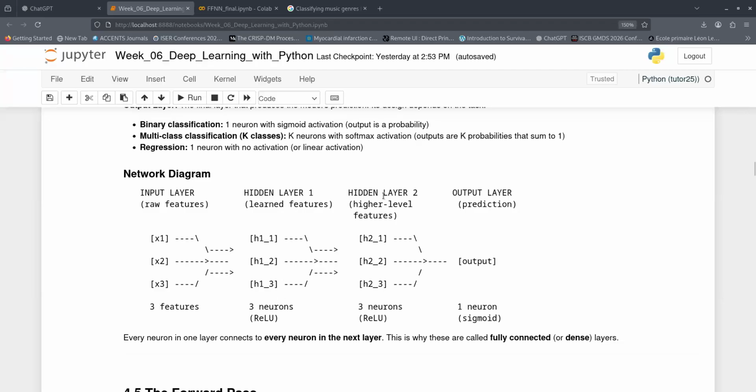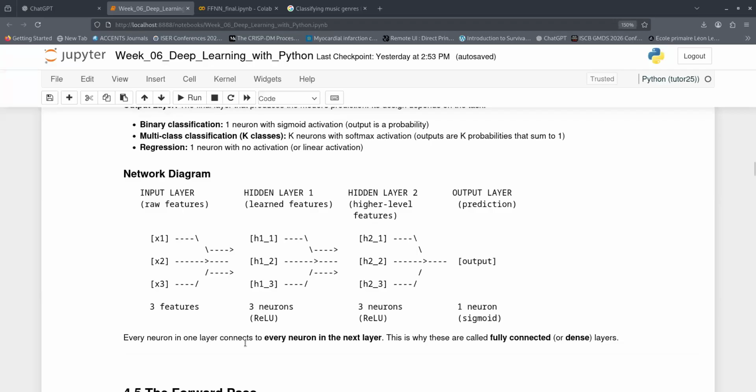Then you have hidden layer 2, which we may call higher-level features. Maybe you can also have 3 hidden layers, with middle-level features. It depends. It can be 10 layers based on the complexity. And at the end, you have the output. You make the prediction with one neuron, the sigmoid here, for the case of binary classification.